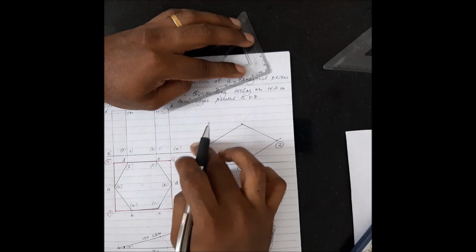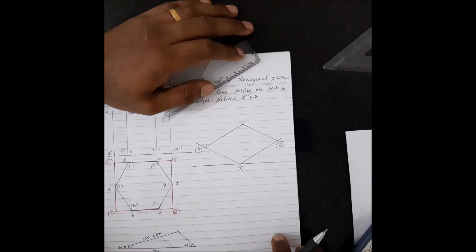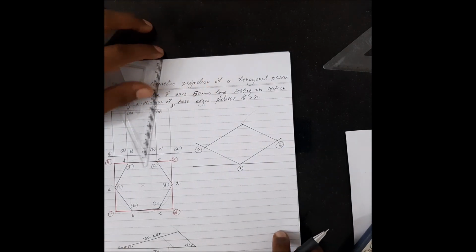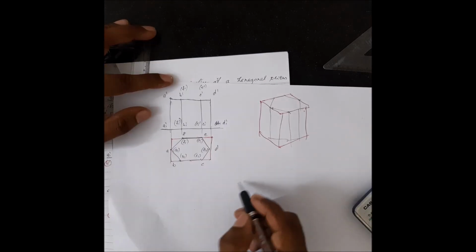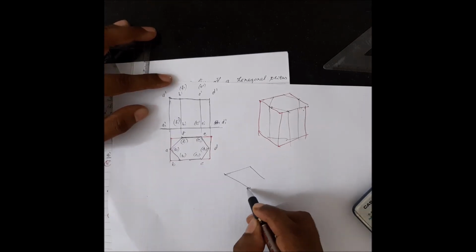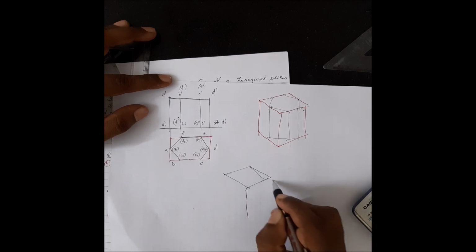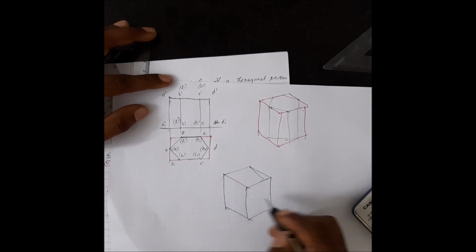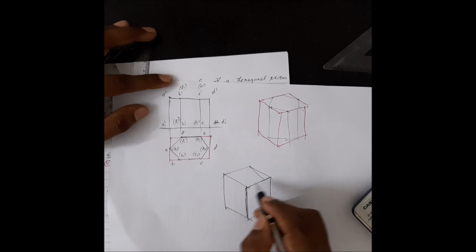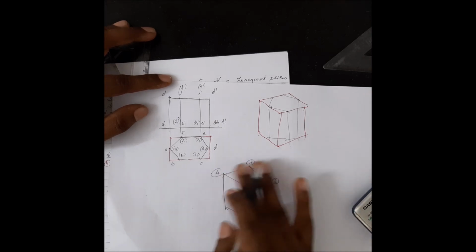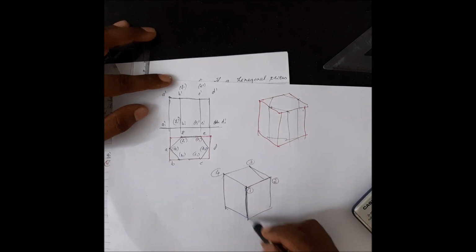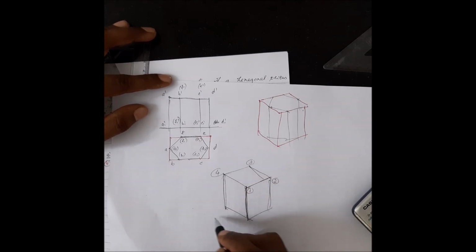You have to rub off unwanted lines. You can't do that if you're drawing using a pen. Now to complete the box, remember you have to draw the box. This is 1, 2, 3, 4. That's the top plane, right? How about this one? Where do you get this length from?